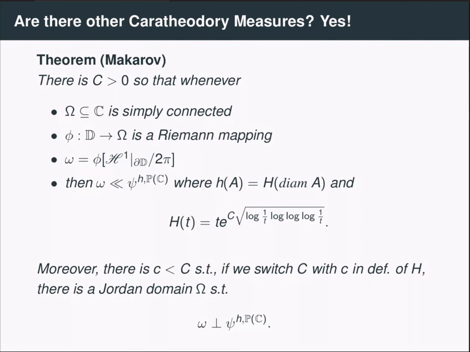In particular, as a corollary, since this exponential function times t decays so slowly in t, this function is at most a constant times t to the power s for any s less than 1, at least as t goes to 0.